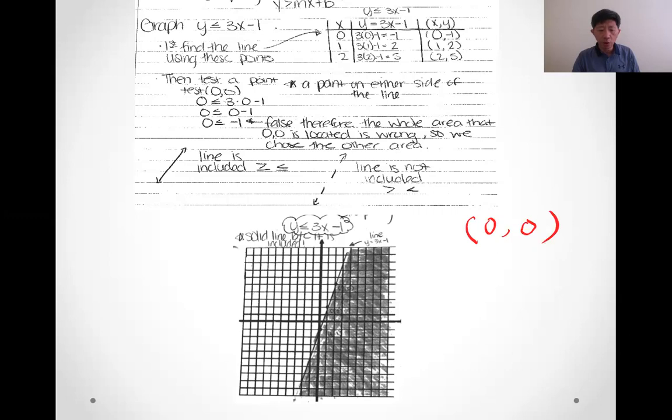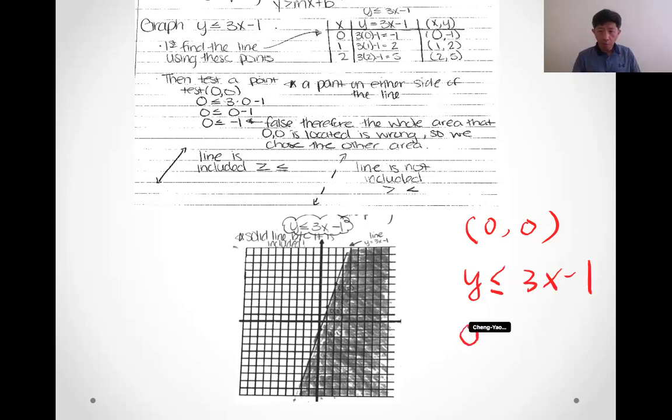x is equal to 0, right? Because our equation is what? y less than or equal to 3x minus 1, right? Now I plug in 0 there, y is equal to 0.